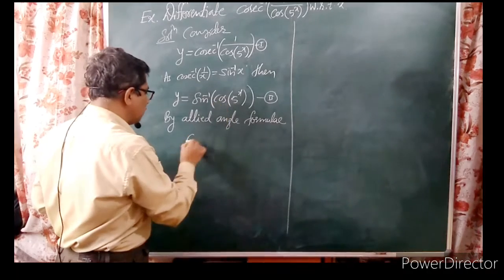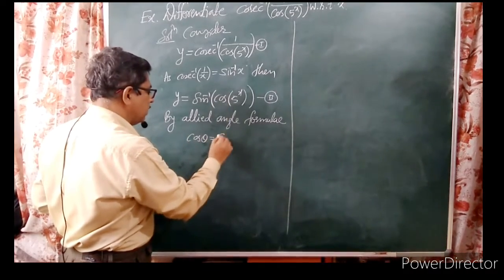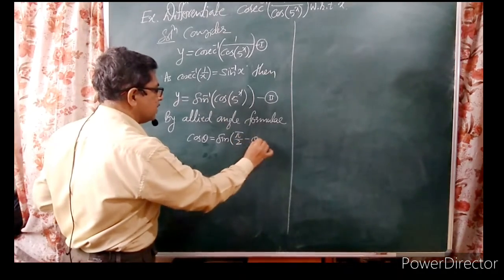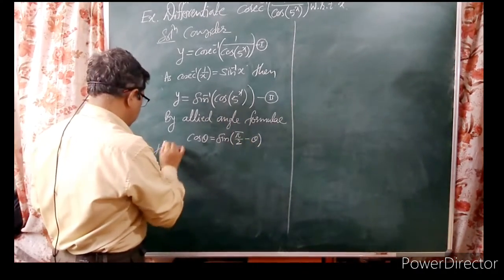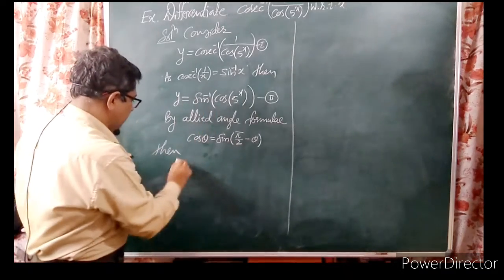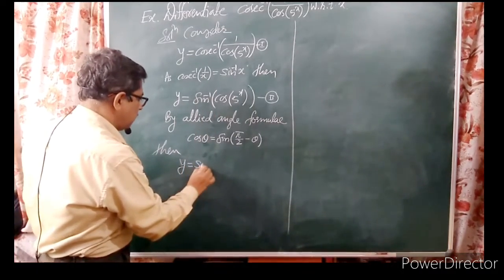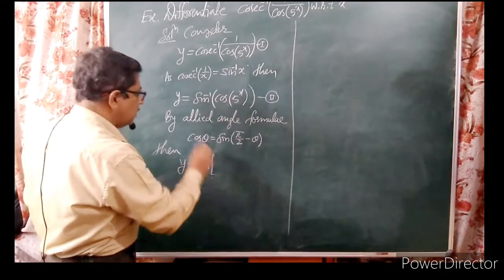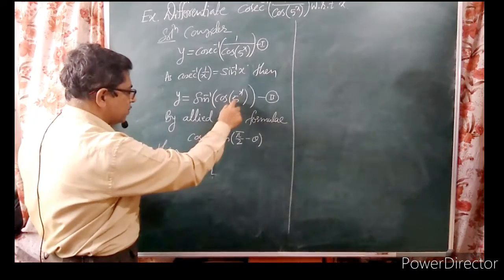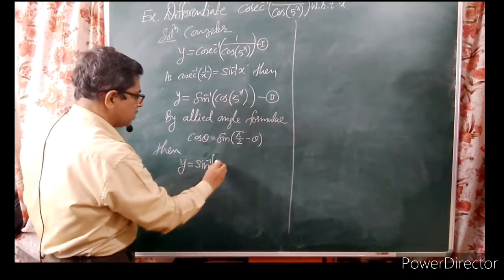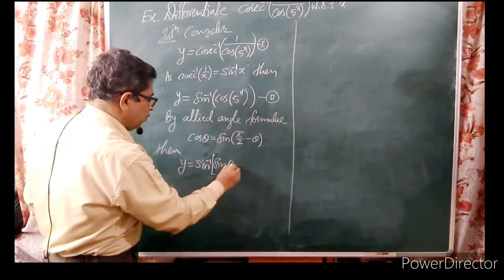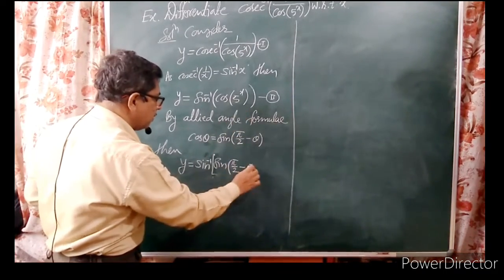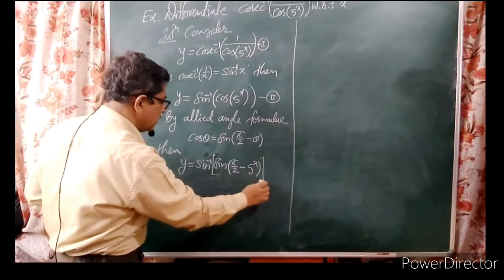See what we can write. Cos of theta can be written as sine of pi by 2 minus theta. Then see what we get here. y is equal to sine inverse of, now this cos of 5 raised to x, cos of theta can be written as sine of pi by 2 minus theta, and theta is 5 raised to x.